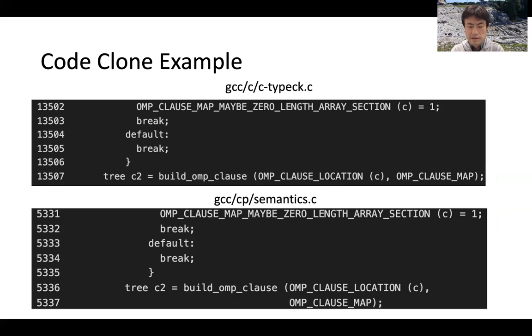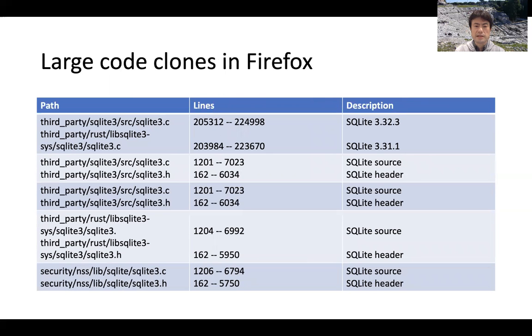As you can see, CodeRepeat can detect a code clone in which the new line position is changed. Also, we found a large code clone in Firefox.